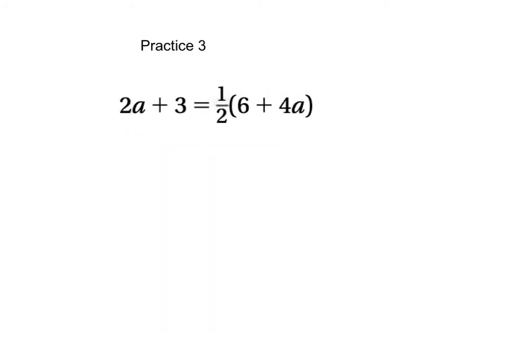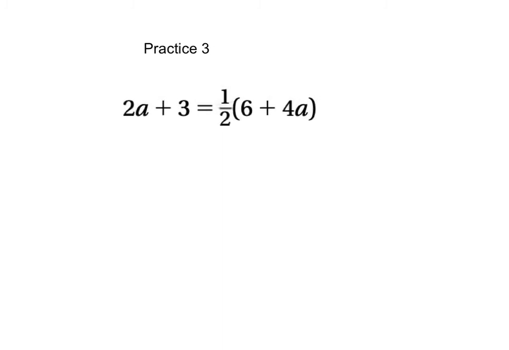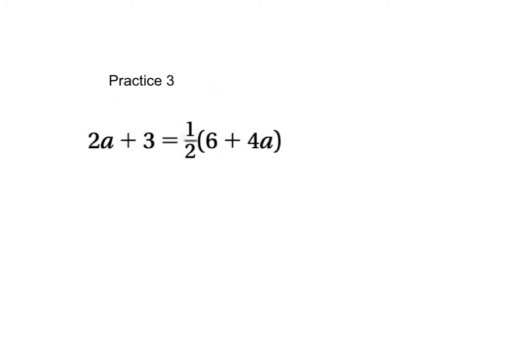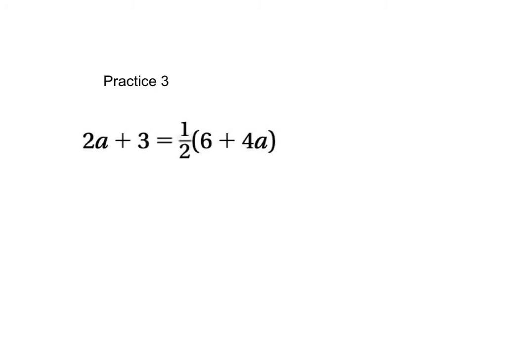Practice 3. All right, so for this one, 2a plus 3 equals, distribute that 1/2, and we got 1/2 times 6 plus 1/2 times 4a. 2a plus 3 equals 3 plus 2a.